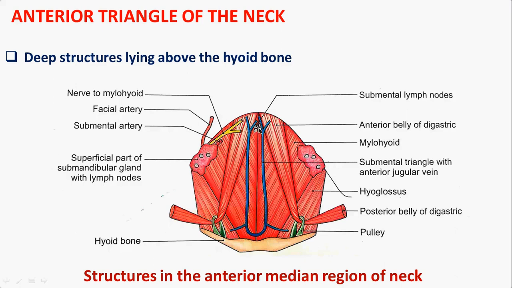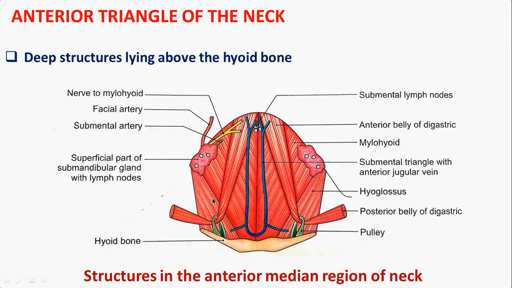Here you can see the submental lymph node. This is the anterior jugular vein, this is the nerve to mylohyoid, and this is the facial artery. This is the submental artery that you can see.